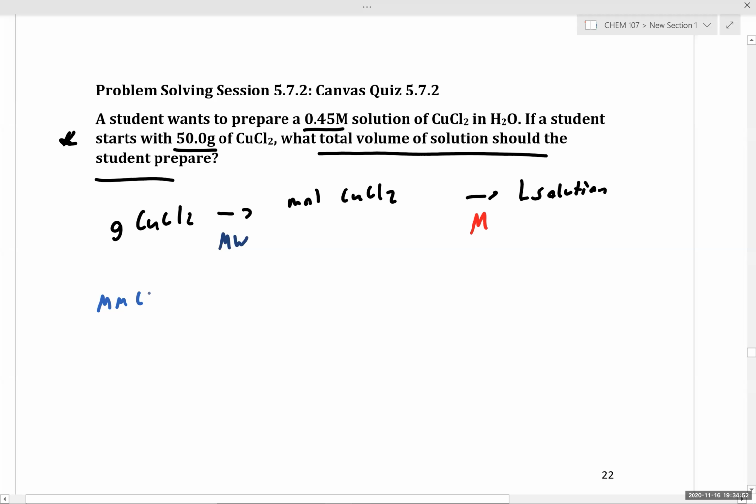Now, for our molar mass of copper chloride, we're going to need to go to the periodic table. And for copper, we have 63.54 grams per mole. Chlorine, we have 35.45 grams per mole.